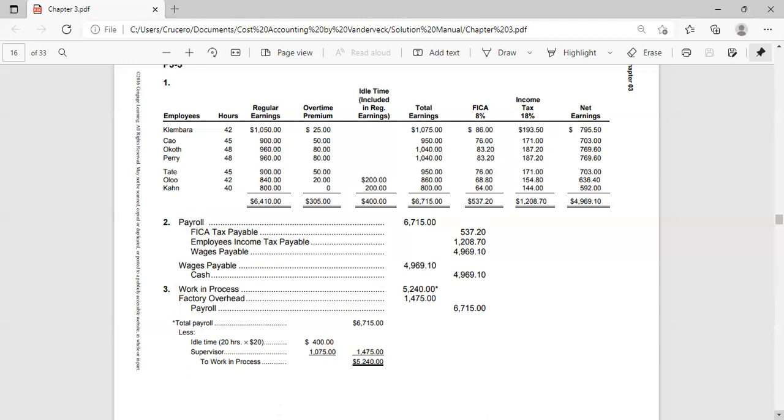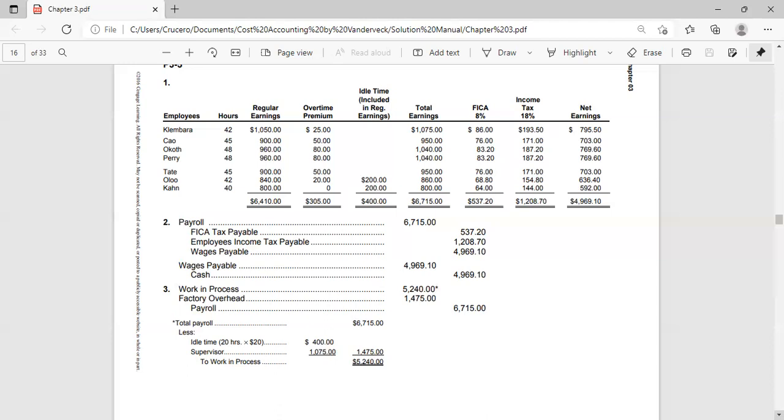All the workers are paid at $20 per hour, so that will be included as part of their regular earnings. Now for the overtime premium, as stated, all employees including Klimbara receive time and a half for overtime hours.